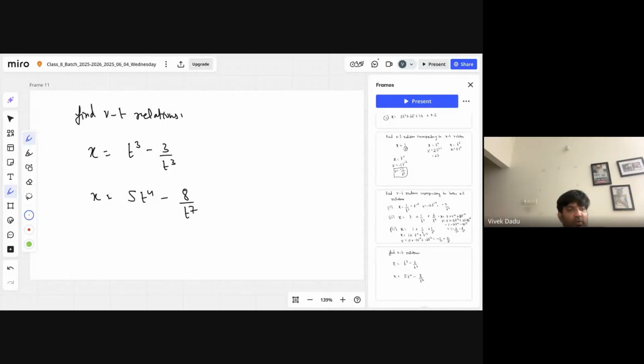First one, so Shani, you have copied the question wrong. This was t cube, you copied it as t square. Okay. Second one, you have done all right in this part, but this part you have messed up.